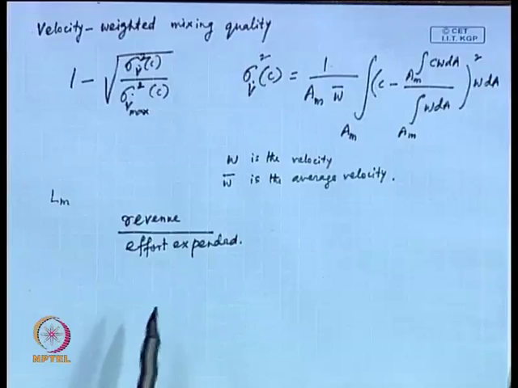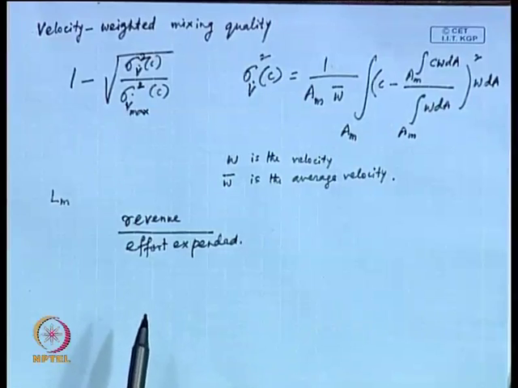That is their research, right? But how will you judge which one is the best? They have to have some parameter to satisfy, and that parameter will define whether this mixer is good or not so good. This is what is called mixing effectiveness.